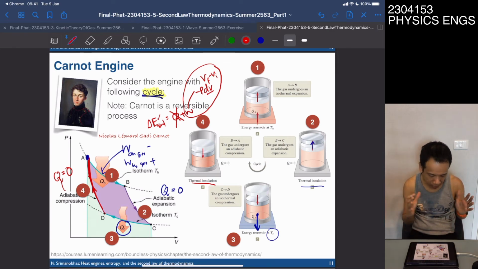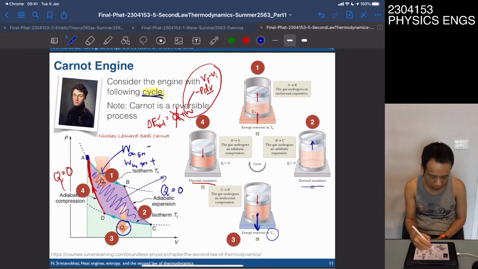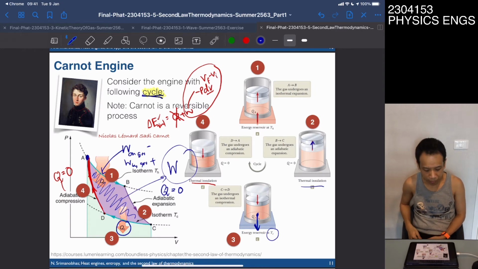So it includes the isothermals and the adiabatics. And then as you can imagine, this is the engine. So finally, you have the area under this curve, which is the work going out, right? So this is the work done by the engine, okay?